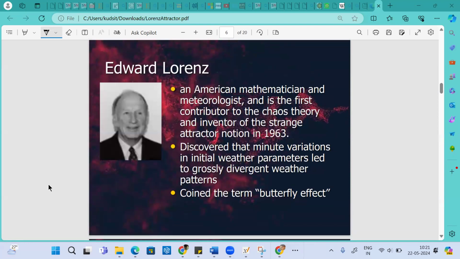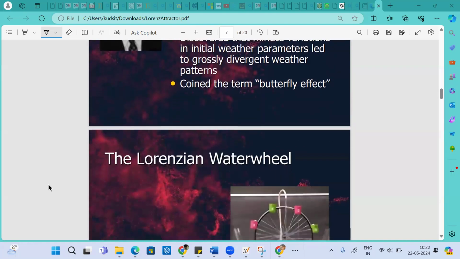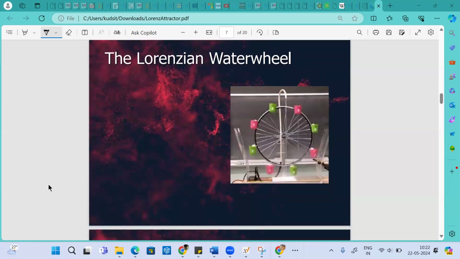It was the meteorologist Edward Lorenz who gave three equations to show how initial conditions lead to very great differences, very unpredictable conditions in the future. Next is the Lorenz water wheel.